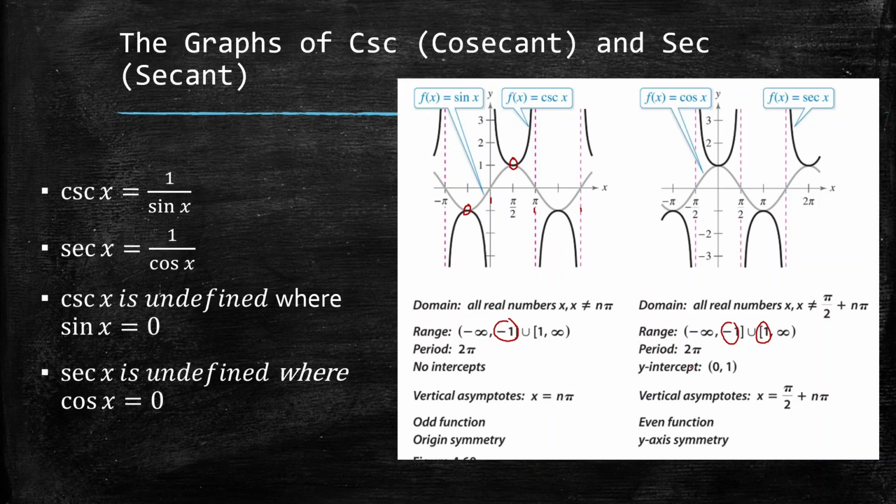I do have a y-intercept in this case because the cosine function starts here at y equals 1. And so my secant function is going to have that value here, and I'm symmetrical about that. And so the secant function is an even function, okay, with y-axis symmetry.